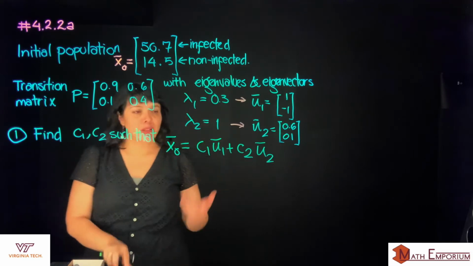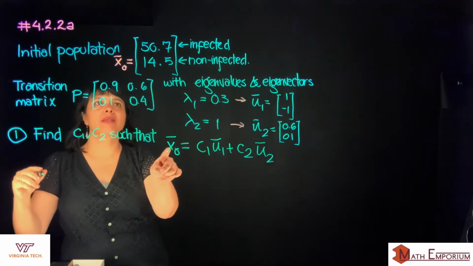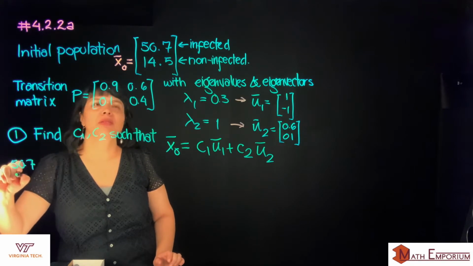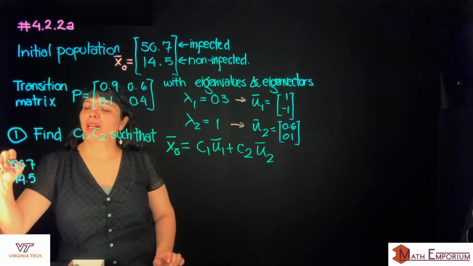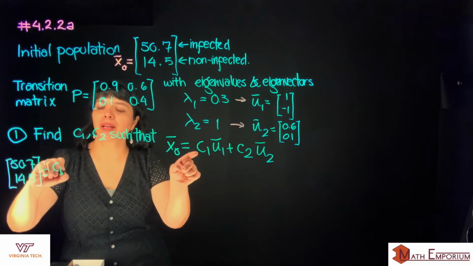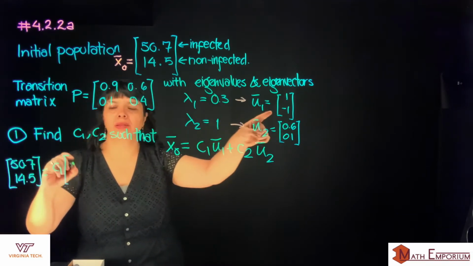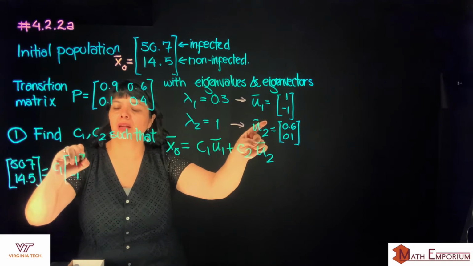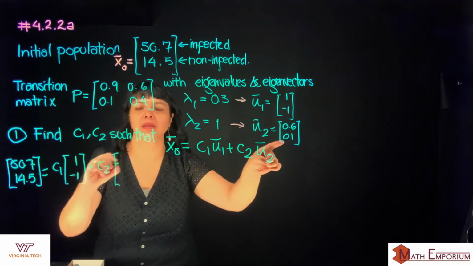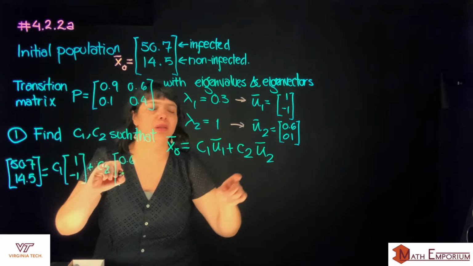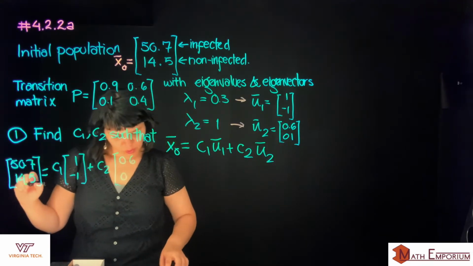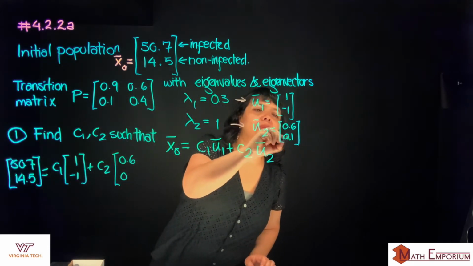And to do that, we just set it up as it is. So x naught is 50.7, 14.5. That has to be equal to a constant c1 times my vector u1, so 1, negative 1, plus a constant c2 times the vector 0.6, 0.1.